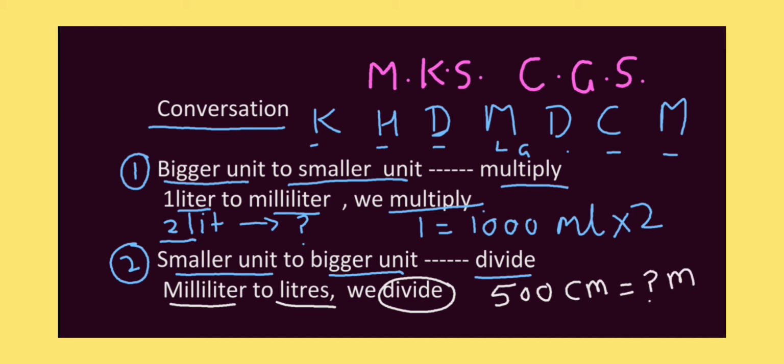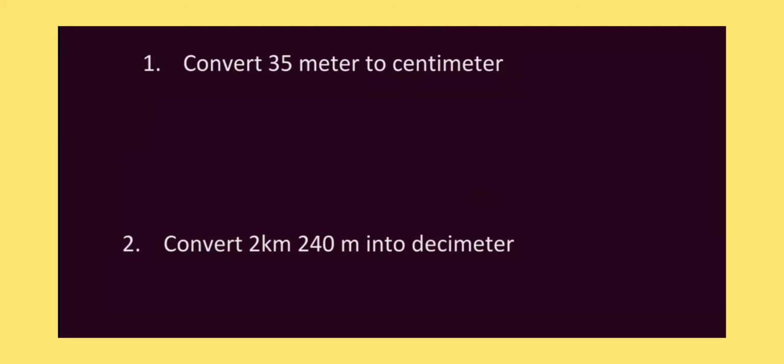In that case, we know that 100 centimeters is equal to 1 meter. So we have to divide 500 by 100 and we will get our answer. On the basis of this, we are going to solve a few more questions. Have a quick look at the first question.